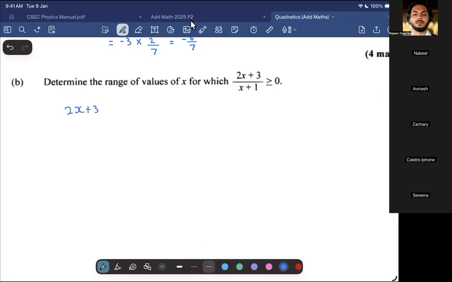X plus one equals 0. X plus 1 is equal to 0. What's the wrong thing? With these types of questions, what's the first thing you do?